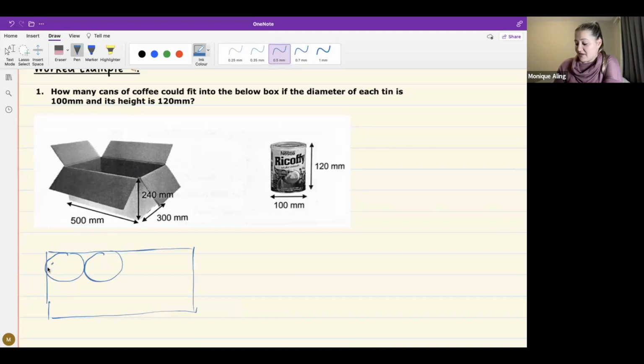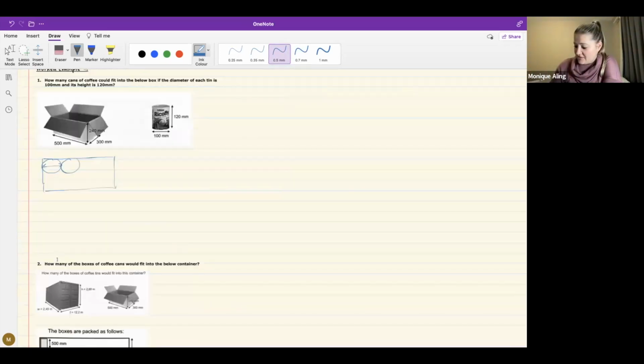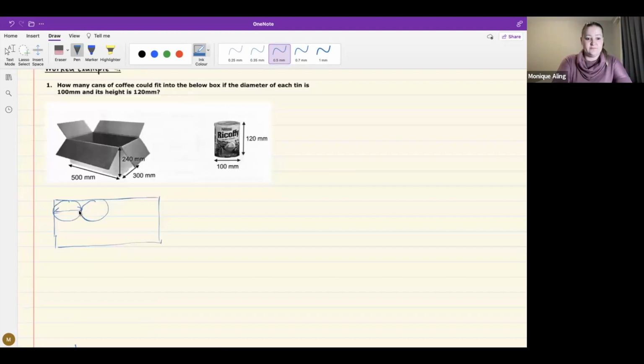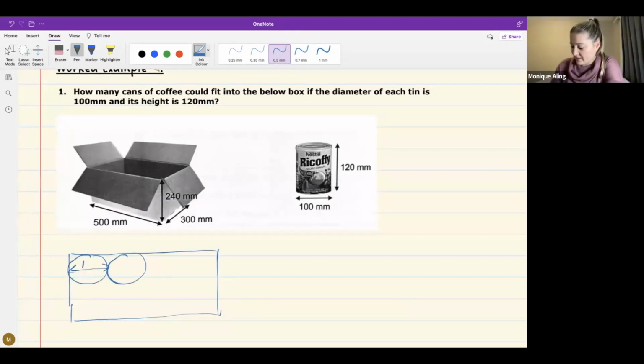So can you agree we could use our diameter, that's one edge of the circle to the other edge, which is 100 millimeters. Another can goes in, that's 100 millimeters. Okay, another one is 100 millimeters.